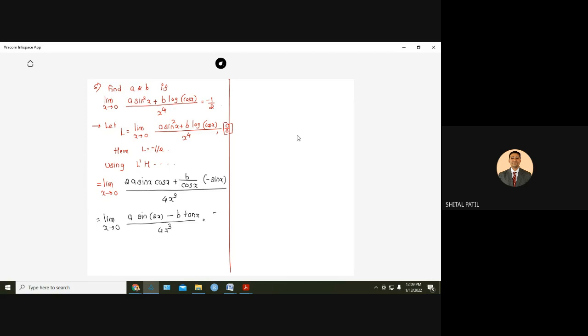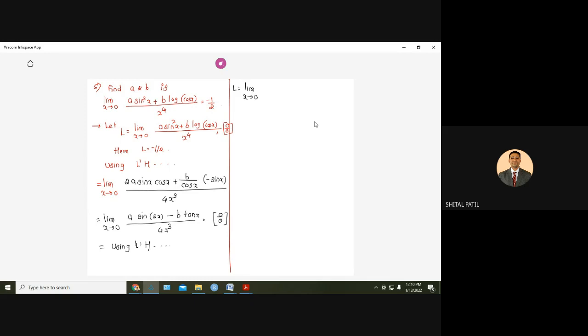Substitute x equal to 0 again. Sine of 0 is 0, tan of 0 is 0. So we are getting 0 by 0 form. Using L'Hospital's rule, still we are allowed to use the rule. Why? Since we are getting 0 by 0 form, we don't have any problem at this moment.